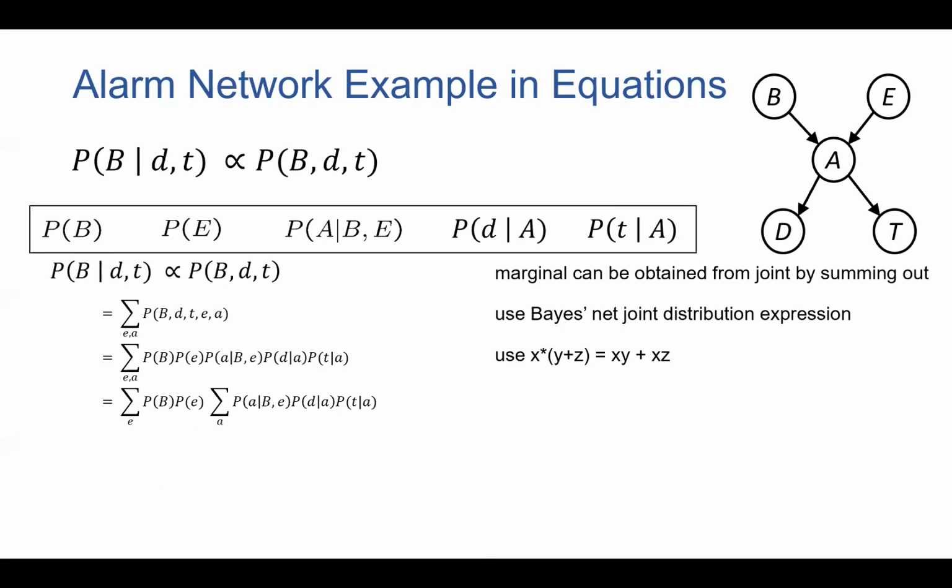Where A appeared, we pushed all those factors to the end of the equation and brought the summation of A next to all those factors, because we have to sum out over A. So what we were doing before was joining over A, then joining over E, and then we get the probability distribution. Inference by enumeration, right?